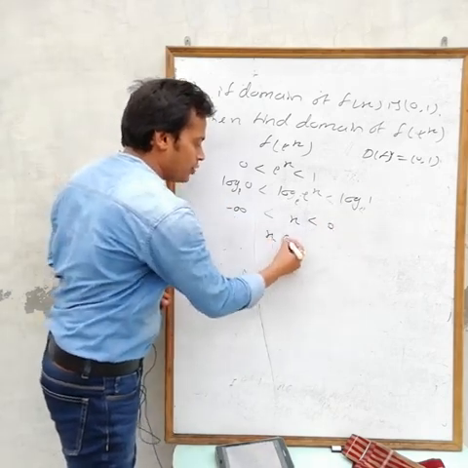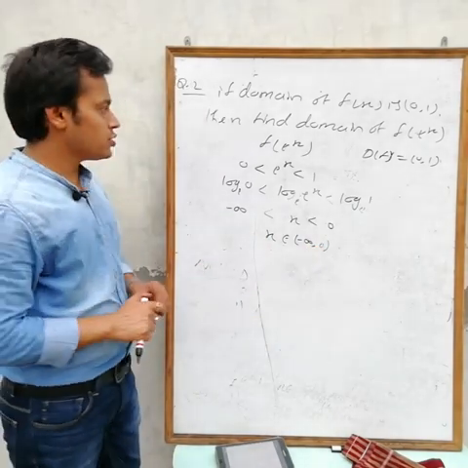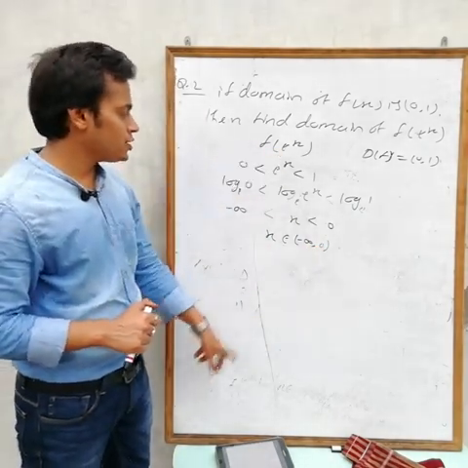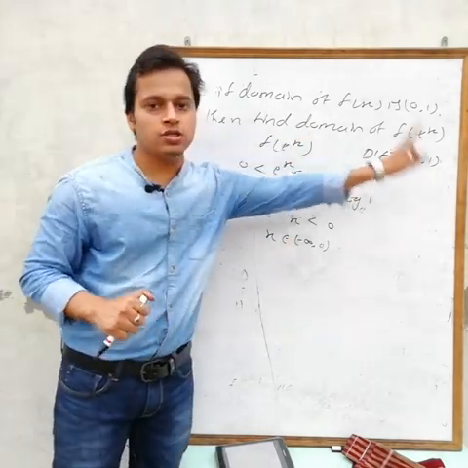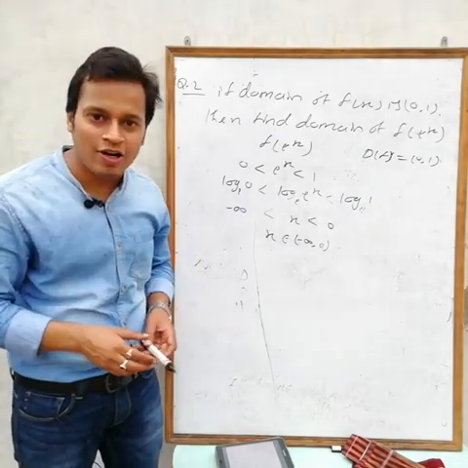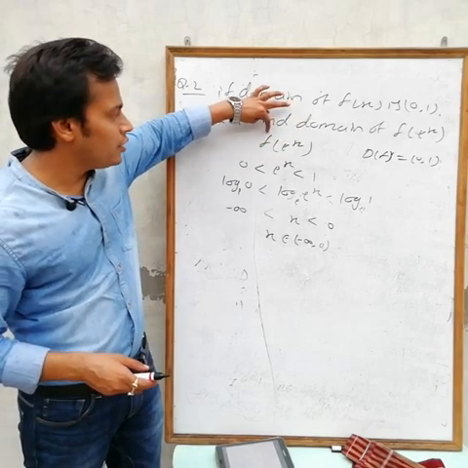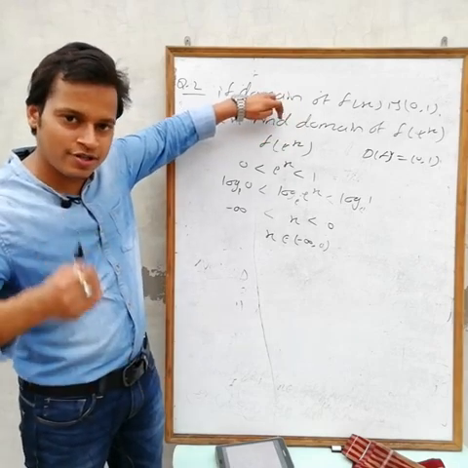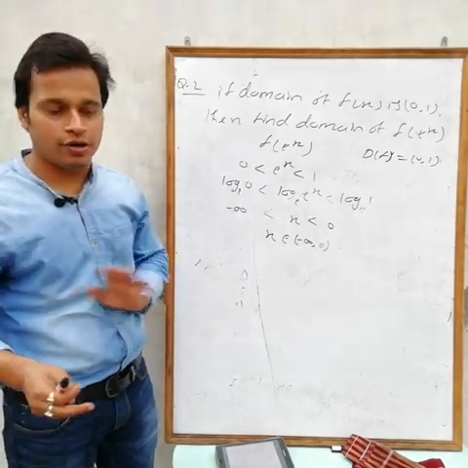So x belongs to (minus infinity, 0). So the domain of f of e power x is minus infinity to 0, where the domain of f is [0, 1]. You can't put any value of x such that this is outside [0, 1], because f can take only values between 0 and 1. So this must be between 0 and 1, and then solve the inequality.